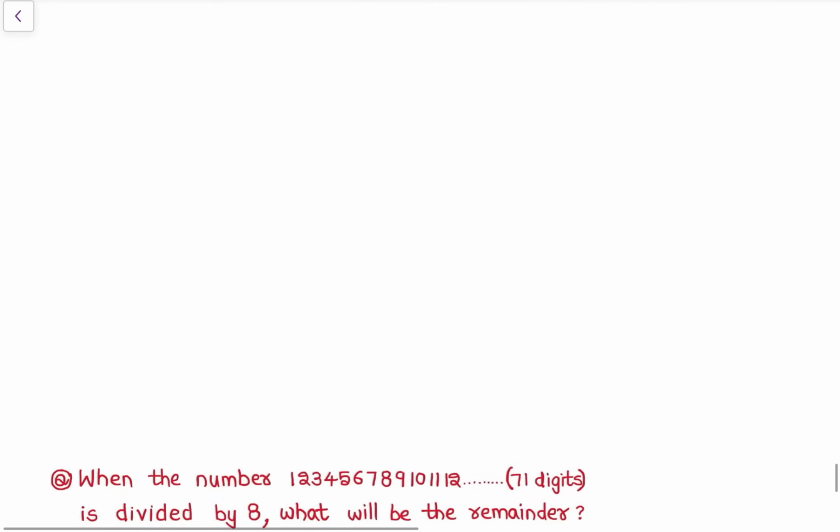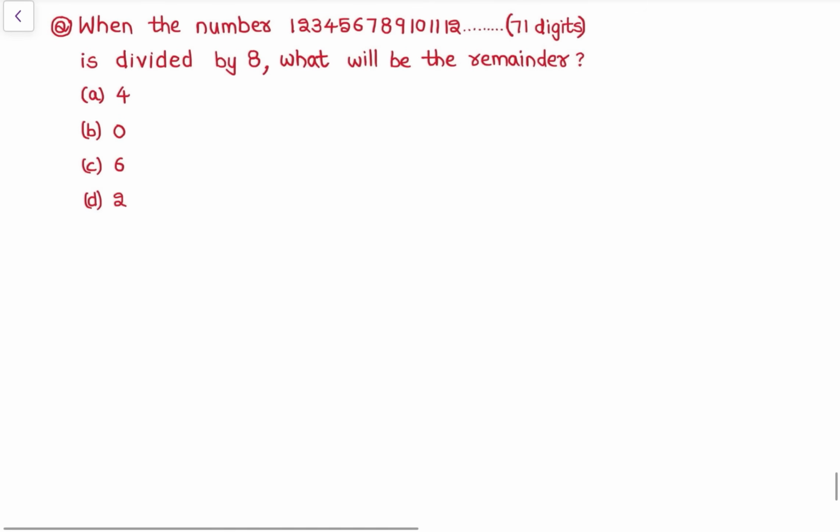Now let's see the next one. Here we have gone to the next level. Here we are given 1, 2, 3, 4, and so on till 71 digits divided by 8. What will be the remainder? The last 3 digits are not given to us, we have to find them out. How?